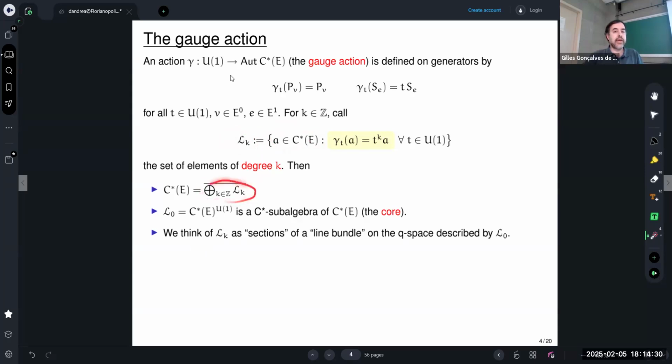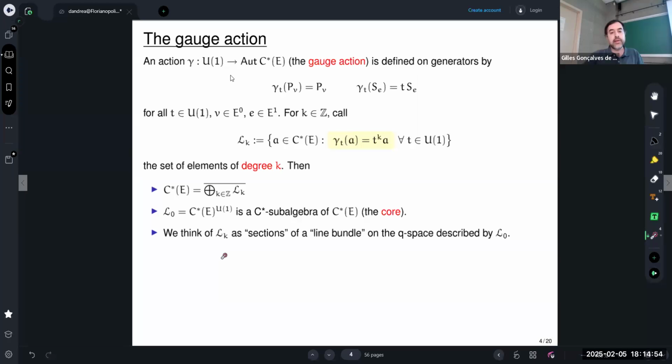The direct sum of these L_k is dense in your graph C*-algebra. This grading comes from a U(1) action, and k here is an integer. L_0 is just the C*-subalgebra of elements that are invariant under this gauge action. This is what we call the core of the graph C*-algebra.